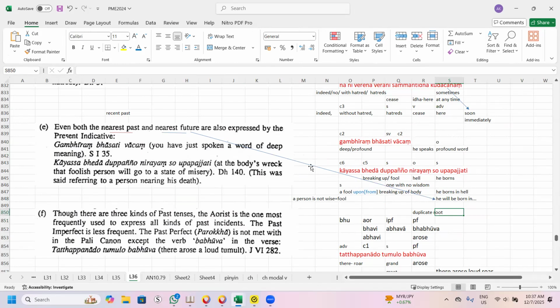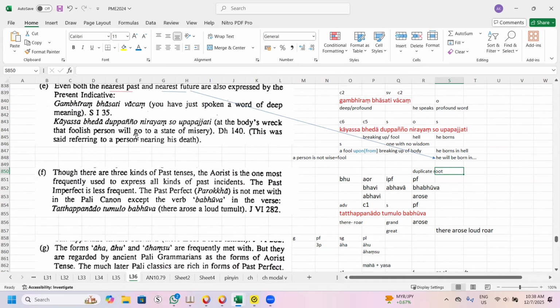This is what it's trying to mean. This is my interpretation. I don't know whether you agree, because this is very subjective. Because this is a future tense, a near future is also expressed by a present indicative. So that is how we look at it, but when you translate, you will probably get this.